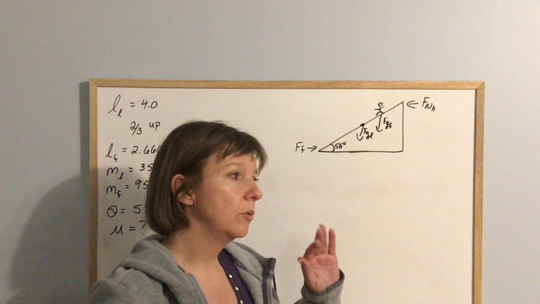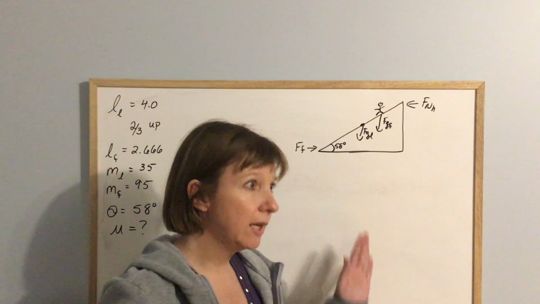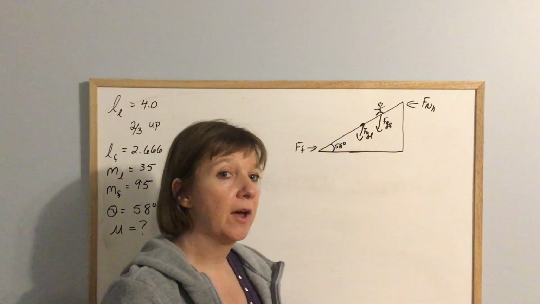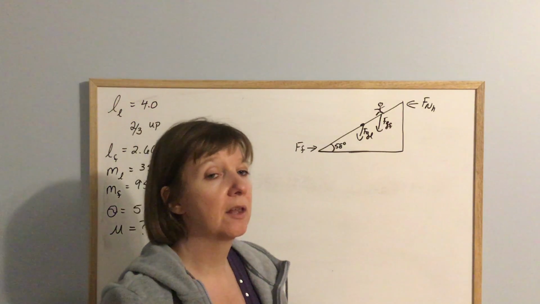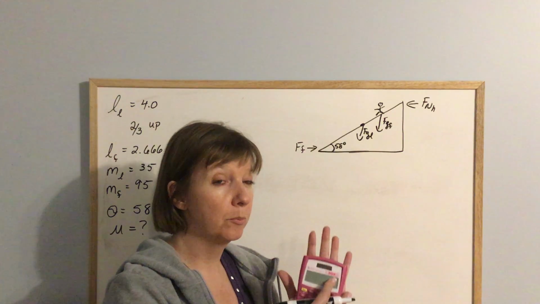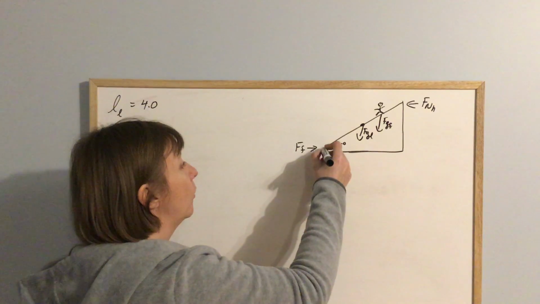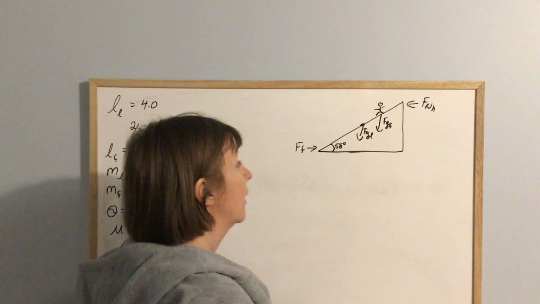Think about if you lean a ladder up against a wall. What keeps the ladder from going into the wall is the fact that the wall is pushing back on the ladder with equal force. That is a normal force of the house or the building on the ladder. There's also, why doesn't the ladder sink into the ground?